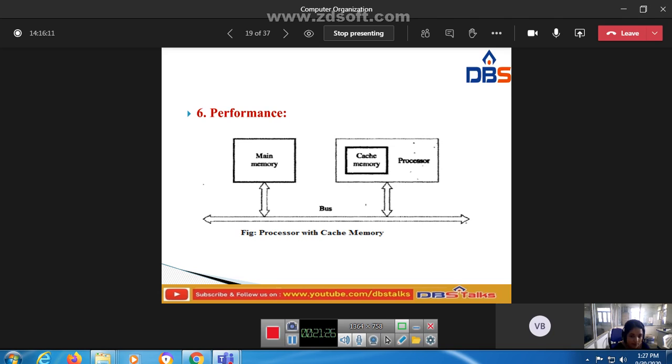So this is the processor with cache memory. We follow the program instructions and data between the memory and the processor as execution starts. All program instructions and the data are stored in the main memory. As execution proceeds, instructions are fetched one by one over the bus into the processor, and a copy is placed in a cache.